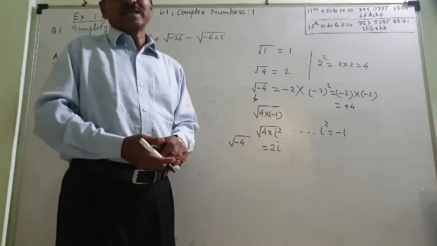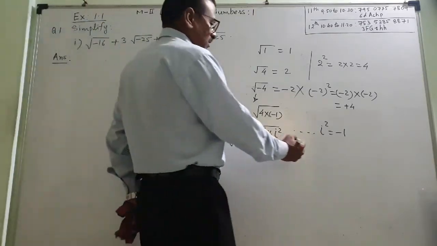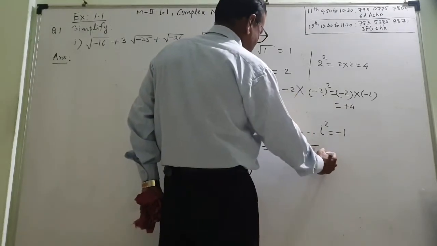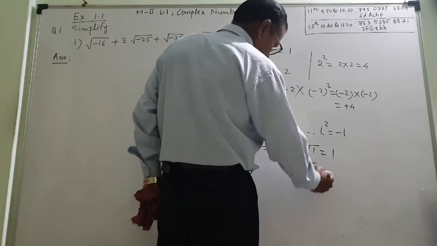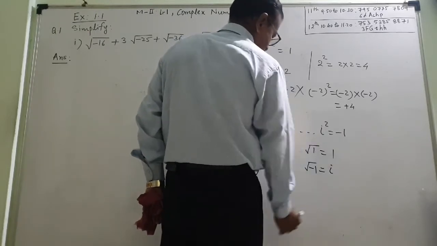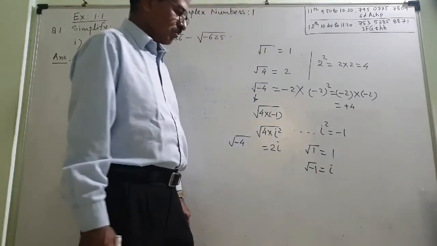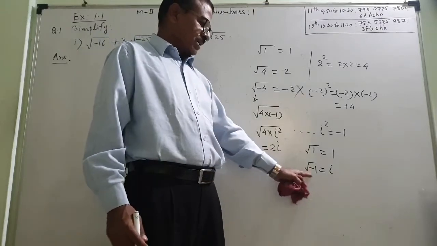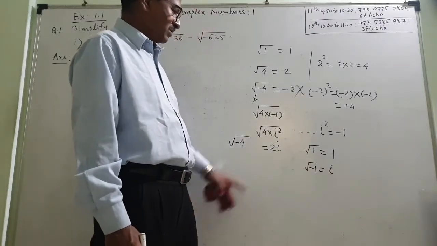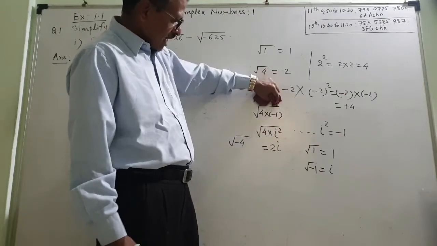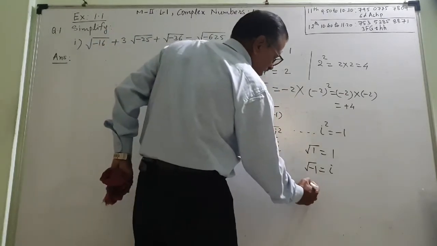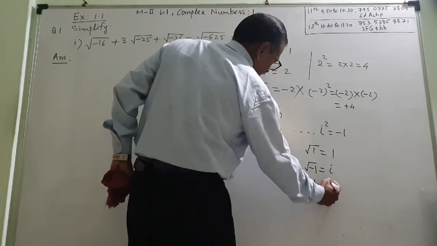i is the imaginary number. Under root 1 is equal to 1, but under root of minus 1 is how much? That is equal to i. Under root of minus 1 is equal to i. So here it is minus 1, and minus 1 means i square. Therefore, squaring both sides, minus 1 is equal to i square.